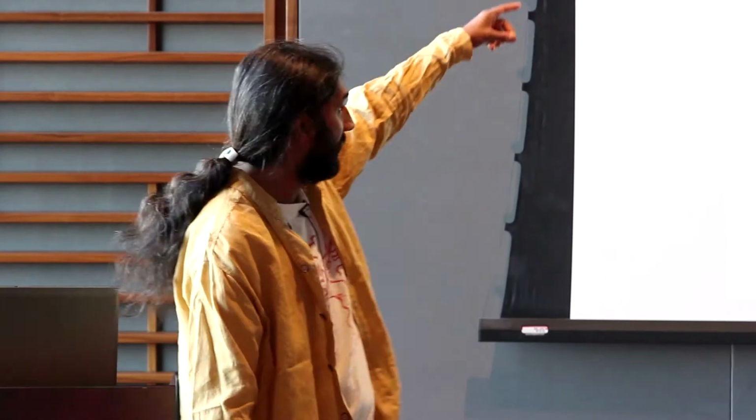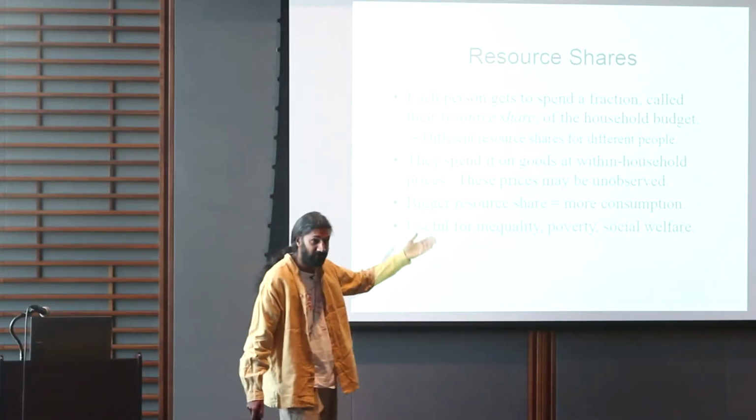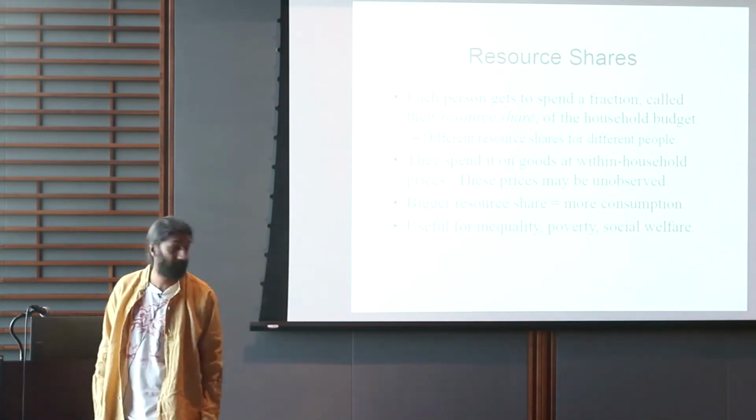And one of those characteristics is the budget of each person. I'm going to characterize that with this resource share, which is the fraction of the household budget that goes to each person. So each person's going to have a resource share. They're going to spend it on goods at these within-household prices that may be unobserved. And basically, a bigger resource share means more consumption. That's the thing that makes it a useful object to learn about.